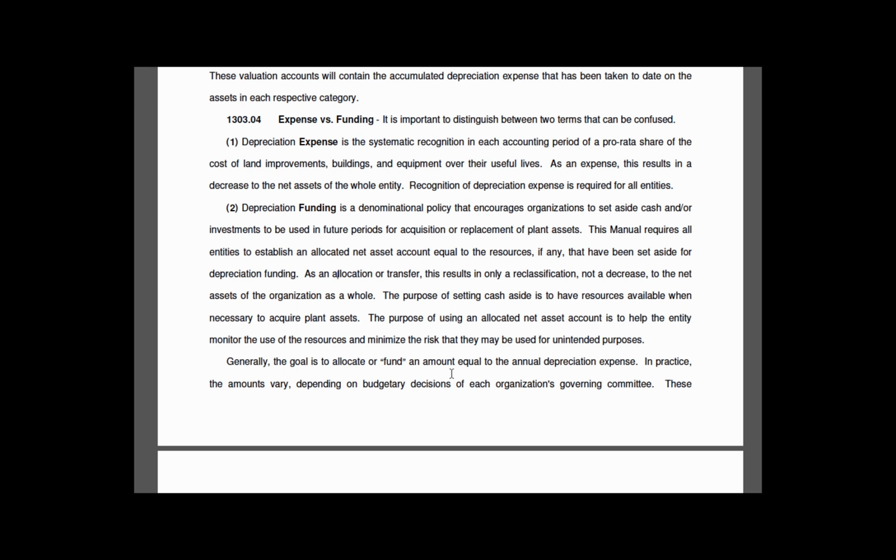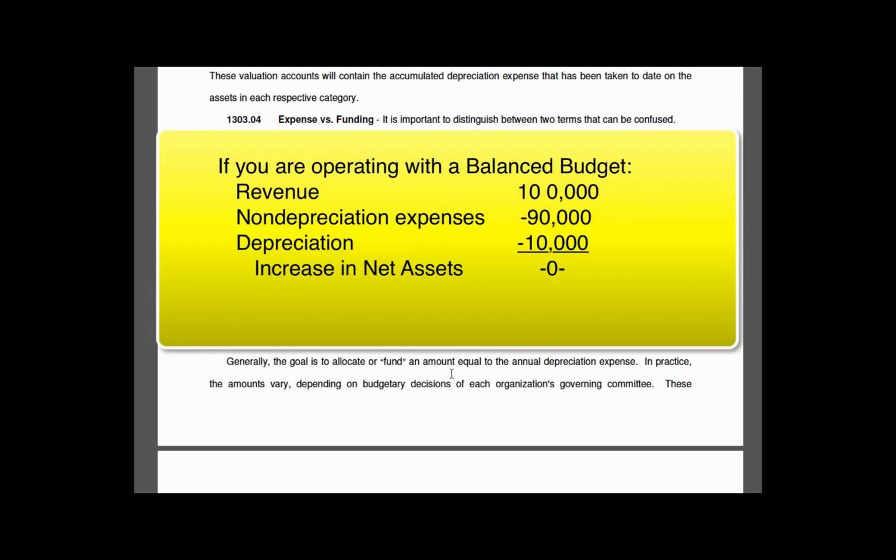Now let's think about this for a second. When I record depreciation expense, let's suppose I'm operating on a break-even basis. I have a balanced budget, including depreciation. Revenue is coming in on a cash basis. We're getting the cash for the revenue. And all of my expenses are cash going out.